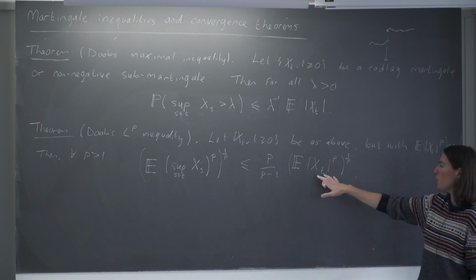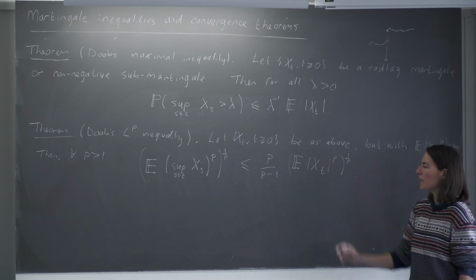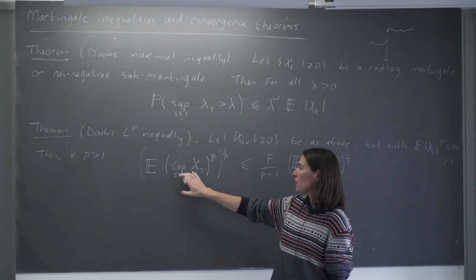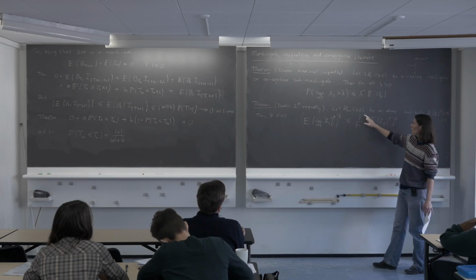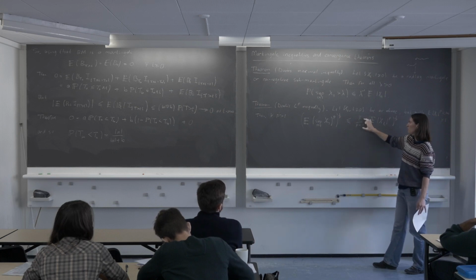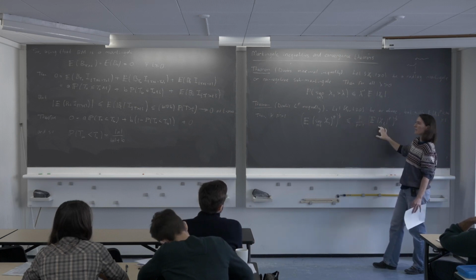So this is the L^p norm of X_t, and so essentially you're saying the L^p norm of the supremum of X is bounded modulo a constant by the L^p norm.